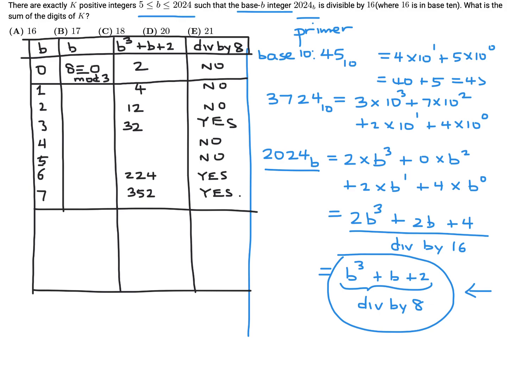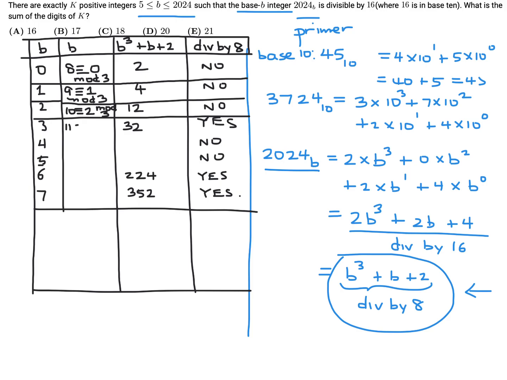Same thing if b equals 9, this is the same as 1 mod 8, and therefore it would have the same result. And if it's 10, it would be the same as 2 mod 8. You see what I'm saying?